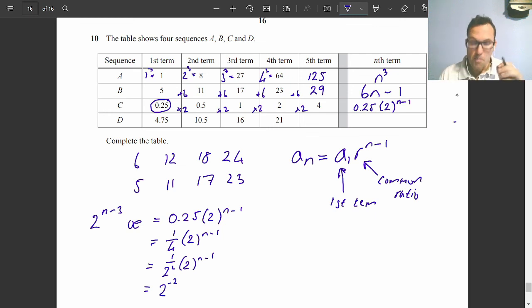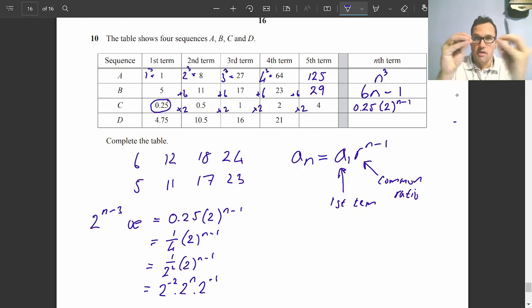And then 2 to the power of n minus 1 we can rewrite as 2^n times 2^(-1), because when we multiply those, the base numbers are the same, so you add the indices. So 2^n times 2^(-1) is the same as 2^(n-1).